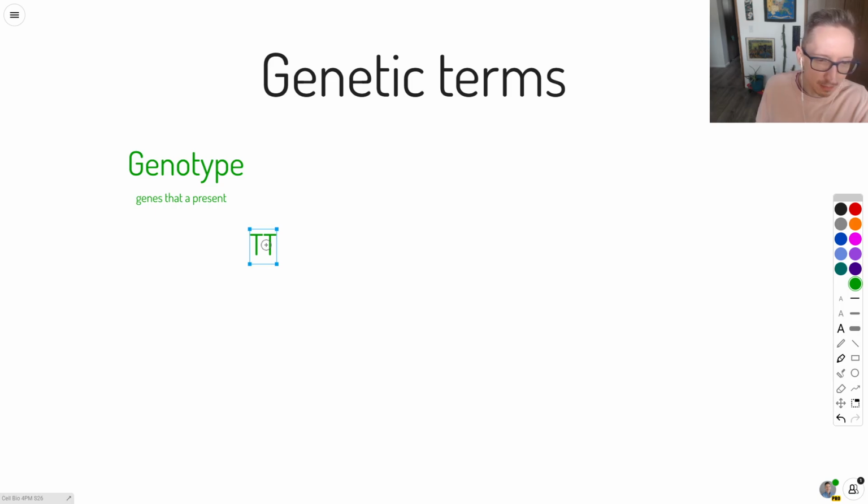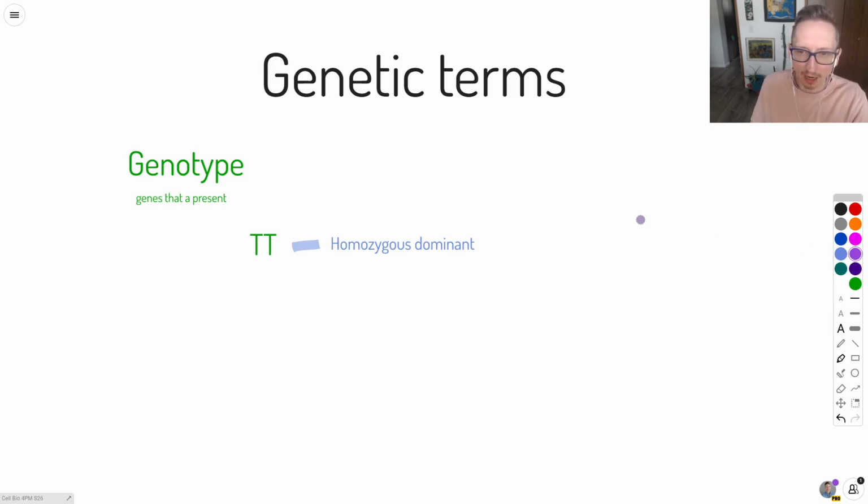Okay, and if it's big T, this is called homozygous dominant. Homo meaning same, and the zygous meaning zygote. Okay, dominant. So it's the same. It's 2 dominant, so it's homozygous dominant.